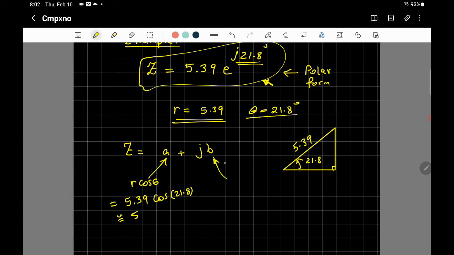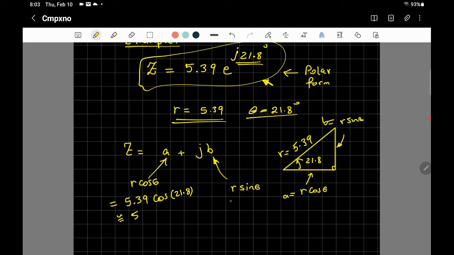What about b? How do we find b? b is equal to r sine theta, because this is your r, this is your theta. The horizontal line will be r cosine theta, which is equal to a, and the vertical line will be r sine theta, which is equal to b.